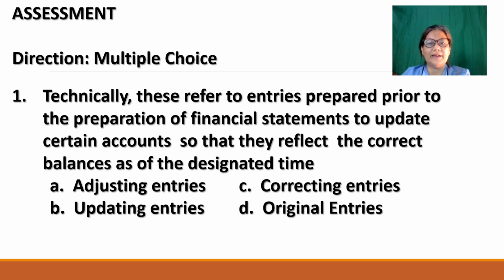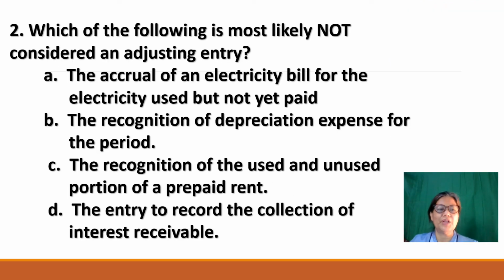Okay. Number 2. Which of the following is most likely not considered an adjusting entry? A. The accrual of an electricity bill for the electricity used but not yet paid. B. The recognition of depreciation expense for the period.